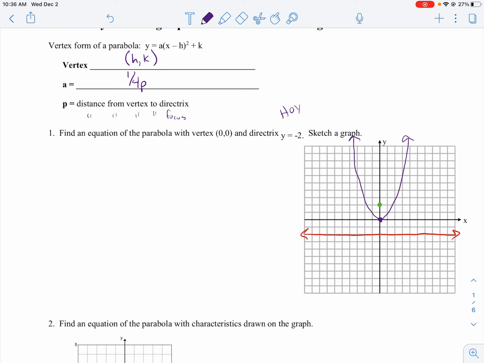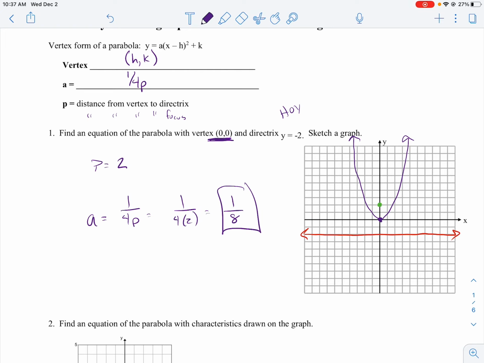So we have pretty much everything we need except for our a value. In order to find that, our p value is equal to 2. And a is equal to 1 over 4p, which is 1 over 4 times 2, which is 1/8. So our a value is 1/8.